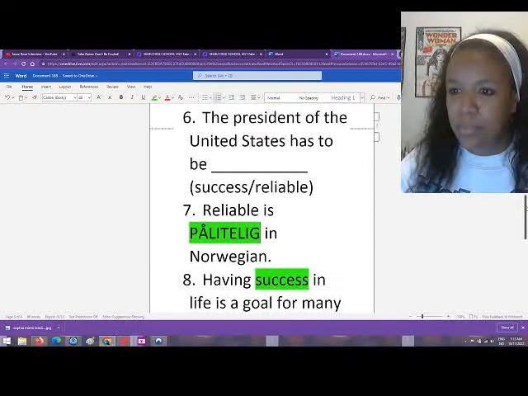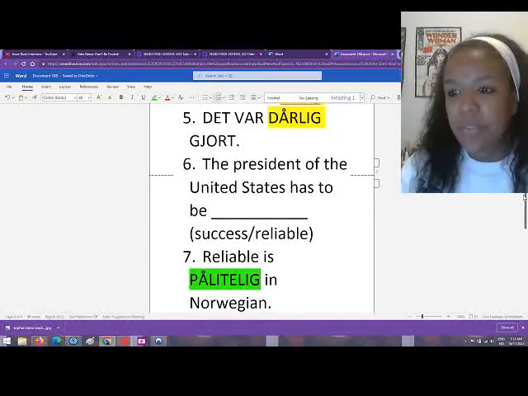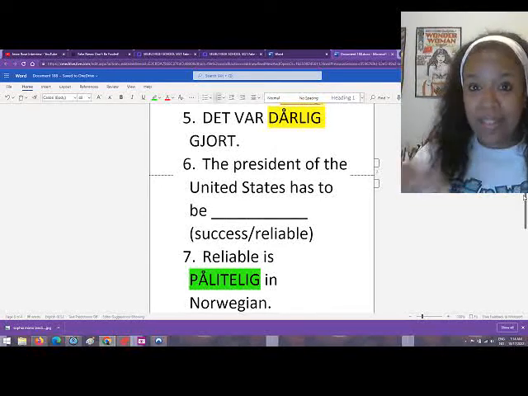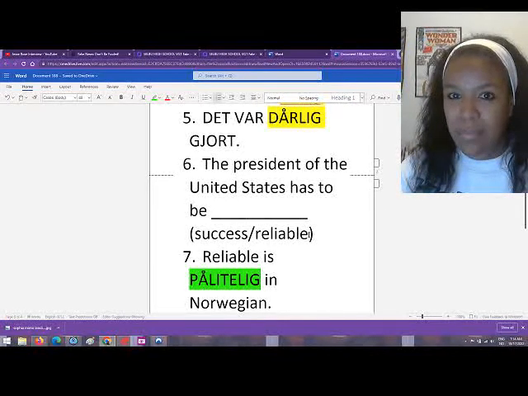So, which word did you choose for that? The President of the United States has to be. So I'm guessing that most of you typed reliable, and that's the correct one.